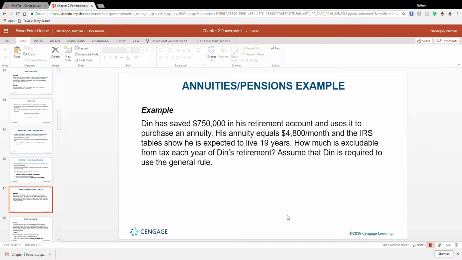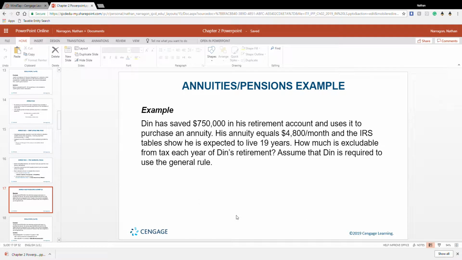Notice that it also says pensions. Pensions tend to be the same as annuities. They are something that's paid throughout a life. Once we hit retirement, we get a certain amount. So they're treated about the same way. So with pension plans, we get to figure it out as we go. That's already calculated for us.